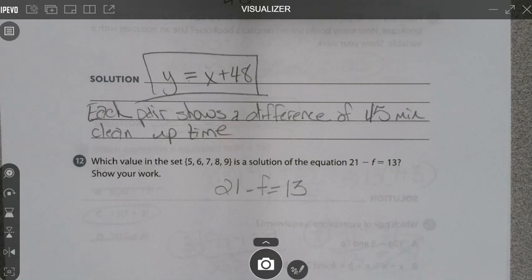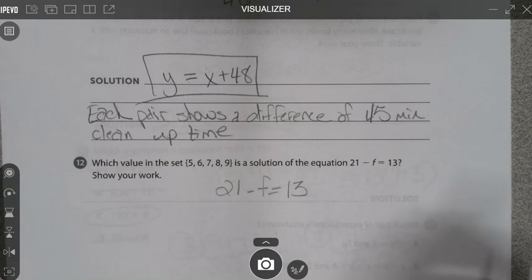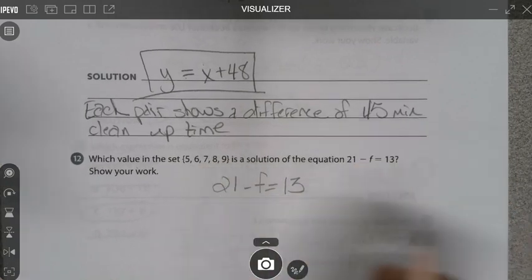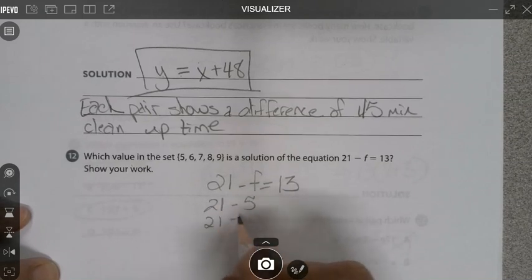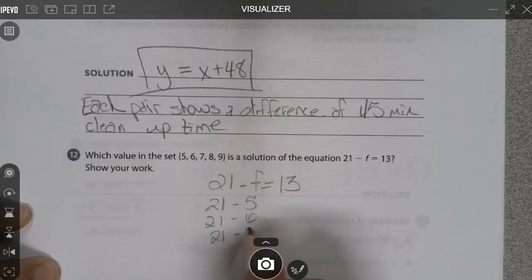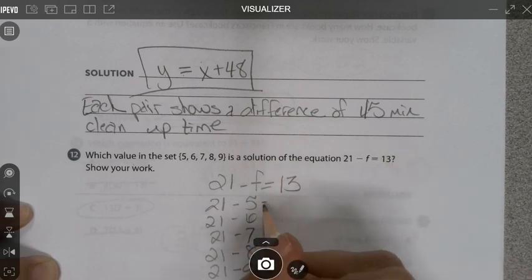Okay, so we haven't learned how to do, like normally I would say isolate it, but we haven't learned how to do negative numbers yet. So what you can do is just substitute 21 minus 5, 21 minus 6, 21 minus 7, 21 minus 8, 21 minus 9, and which one equals 13?